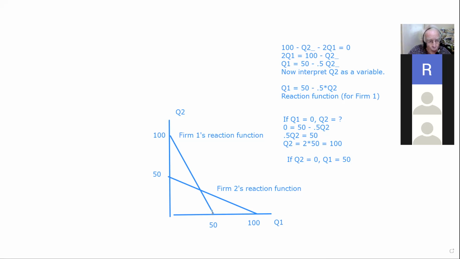Now, firm 2 will take that amount of Q1 as given and then respond with this point on its own reaction function.